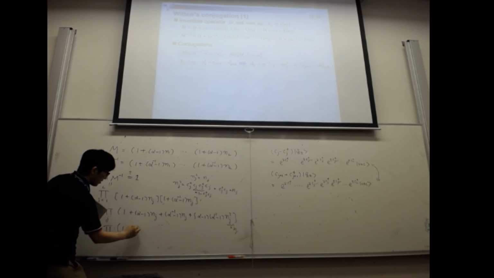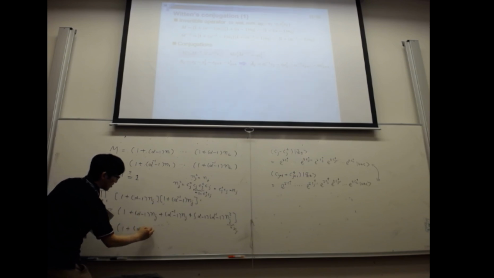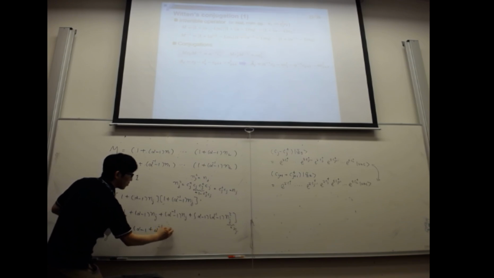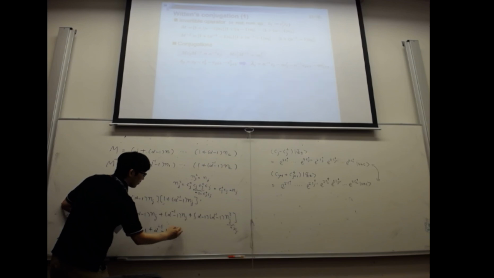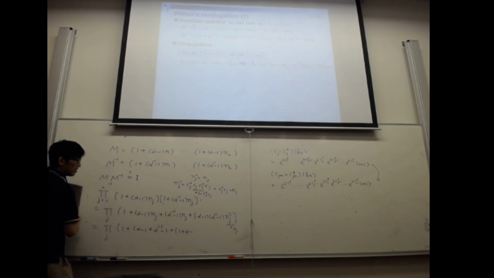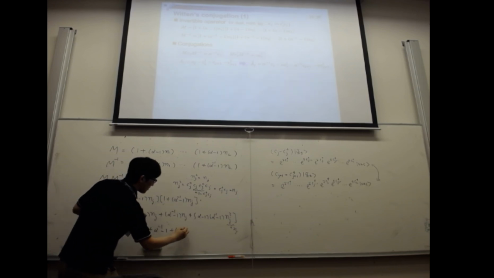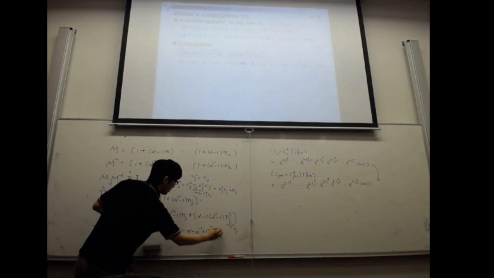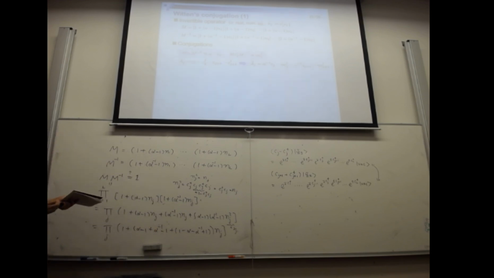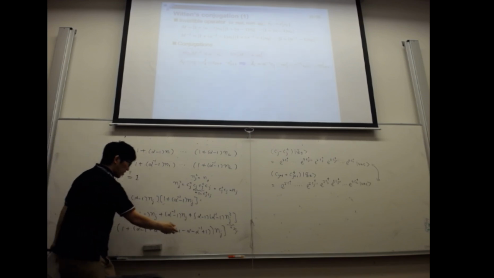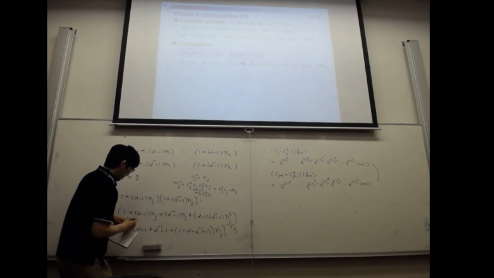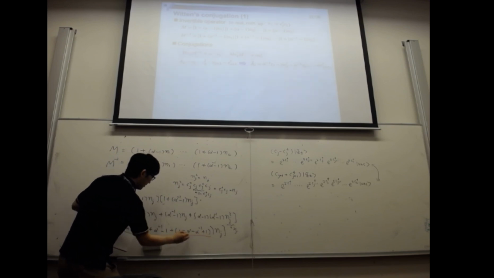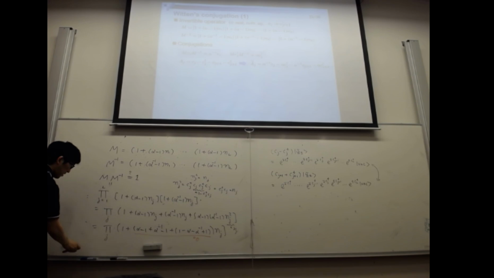The coefficient is alpha minus 1 plus alpha inverse minus 1 plus this product. But if you add them up, then you just get 0. So it turns out that this is just a product of 1s, so you just get 1.